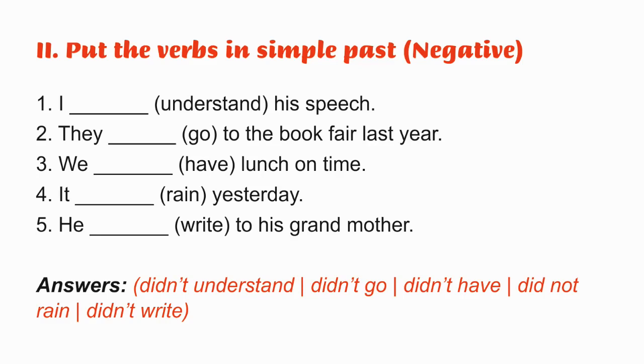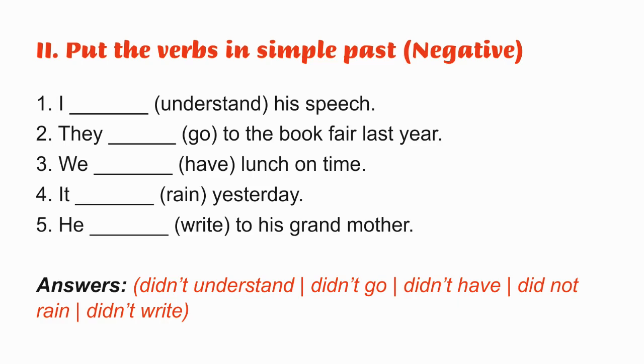Okay. Exercise number 2. Put the verbs in simple past negative form. Here we need to understand or revise the structure of negative form. First the subject comes, then the helping verb did, after that not, and then the base verb.